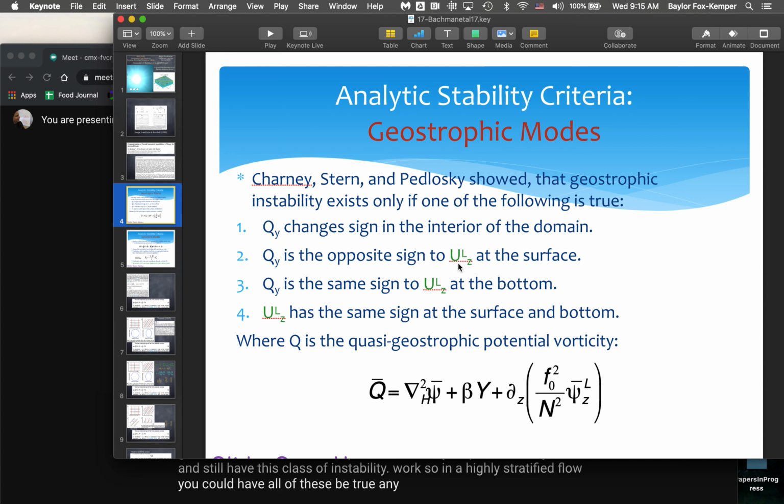We could have the Eady problem, which is stratified top to bottom. We could have the Charney problems, which are based on this. There's lots of instabilities of the geostrophic branch. That's one class of instability of a geostrophically balanced front.